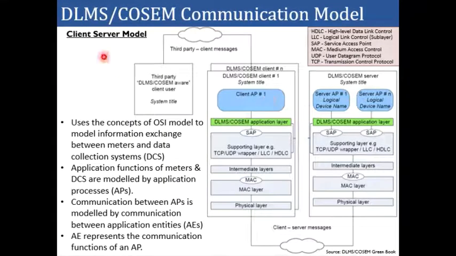Let's talk about the DLMS COSEM communication model. The DLMS COSEM communication model follows the client-server model, where the smart meter acts as a server and the applications installed at the server end act as a client. This client-server model uses the concept of the OSI model to model the information exchange between meters and the data collection system.